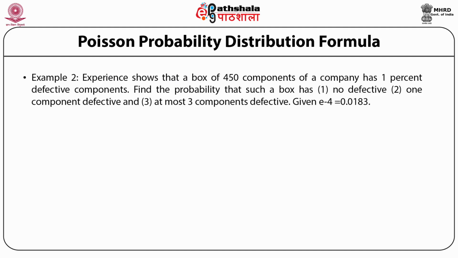In another example, experience shows that a box of 400 components of a company has 1% defective components. Find the probability that such a box has number 1, no defective; number 2, one component defective; and number 3, at most 3 components defective. E raised to power minus 4 is given.